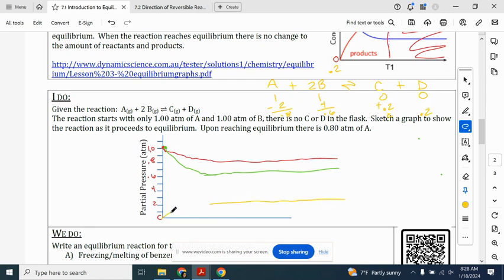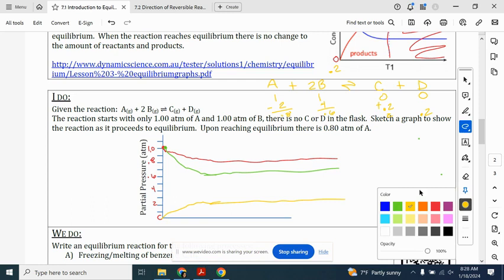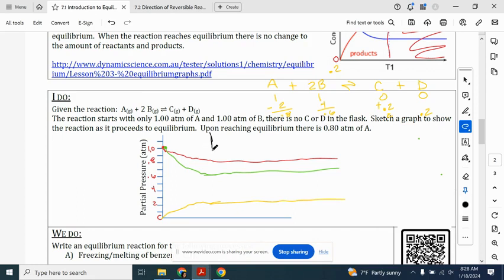Sometimes it's easier to do your parallel line first and then connect them up. All right. So upon reaching equilibrium, there's 0.8. They wanted us to finish this graph. We are going to find where our equilibrium is. And our equilibrium, like Presley said, is where all these lines become parallel to one another.